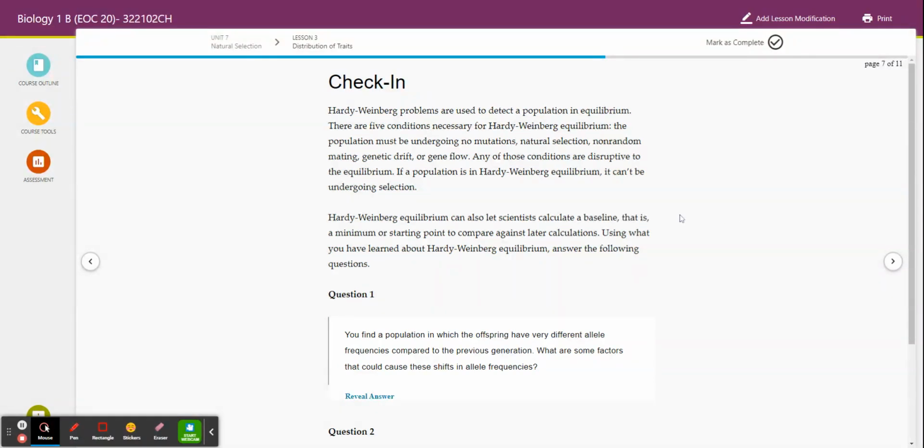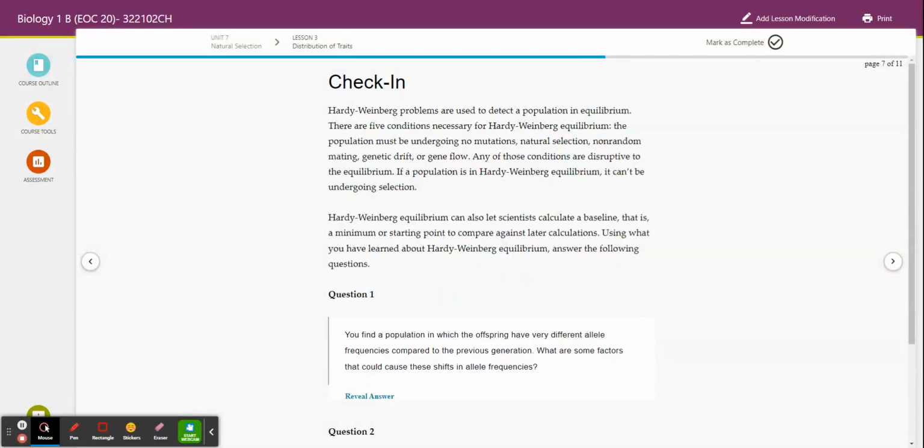Check-in. Hardy-Weinberg problems are used to detect a population in equilibrium. There are 5 conditions necessary for Hardy-Weinberg equilibrium. The population must be undergoing no mutations, natural selection, non-random mating, genetic drift, or gene flow. Any of these conditions are disruptive to the equilibrium.